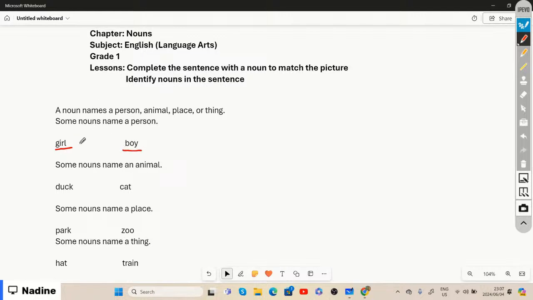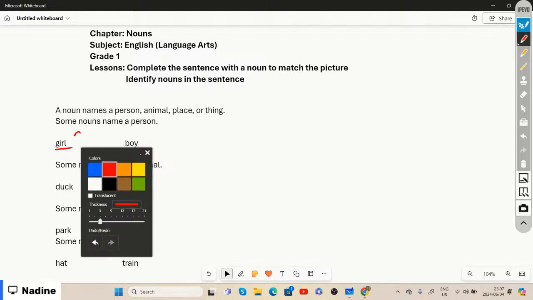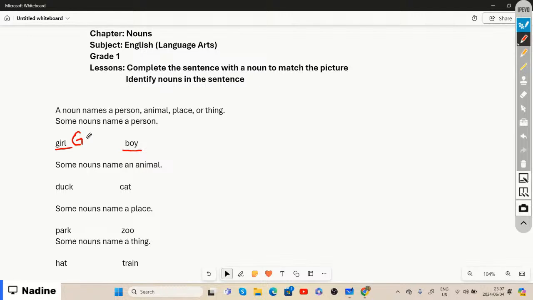We don't specifically have to give the name Grace, though yes, Grace is a noun, and Jack is a noun. But if we also just say boy, or girl, or aunt, those are nouns, right? It makes mention of a person.